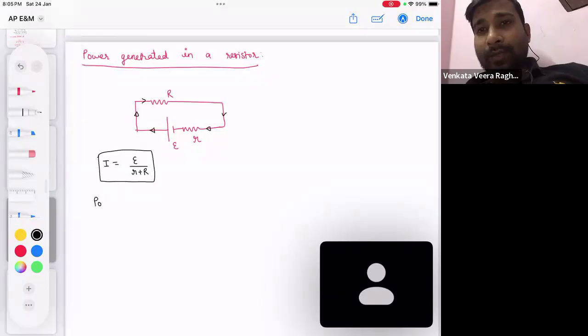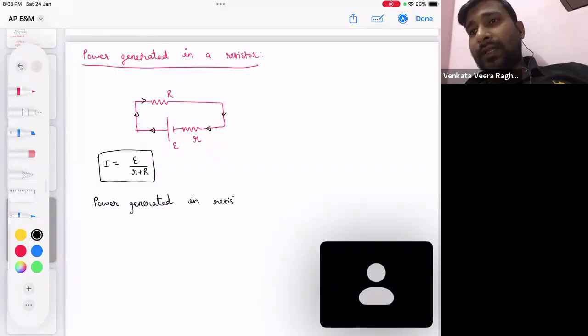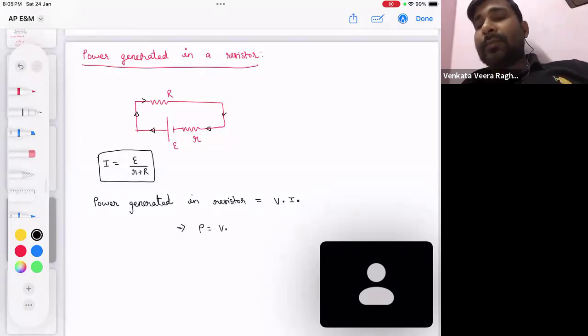Now if I calculate the power generated in a resistor, it will be the voltage across the resistor times the current in the resistor. This is the power formula: power is equal to voltage into current.